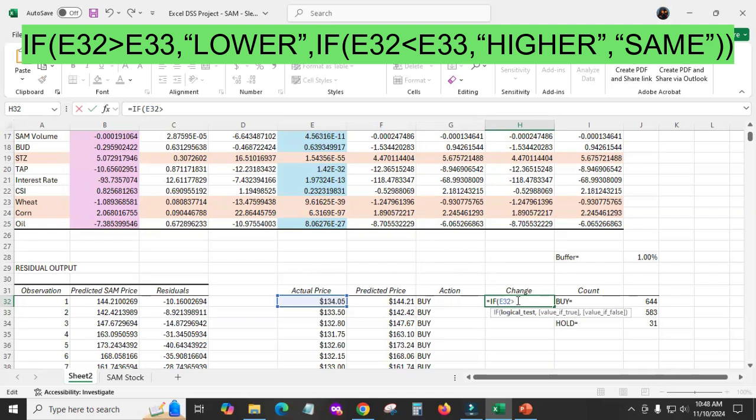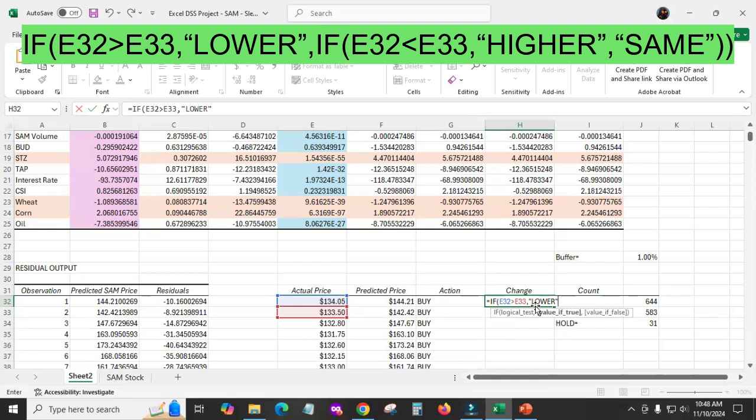If that is greater than E33, which is the next day, or technically July 5th, so if the price is higher on the 3rd than it is on the 5th, comma, quote, the stock went lower. If it is high on the 3rd and low on the 5th, the stock went lower.